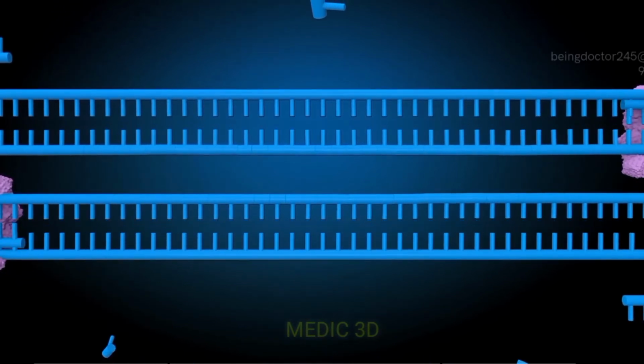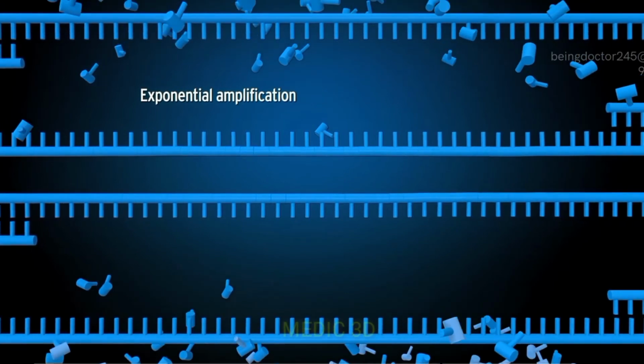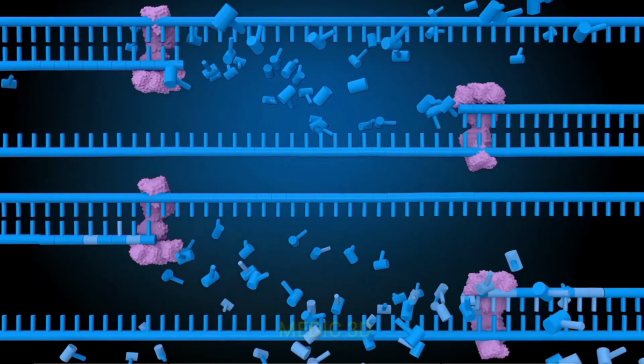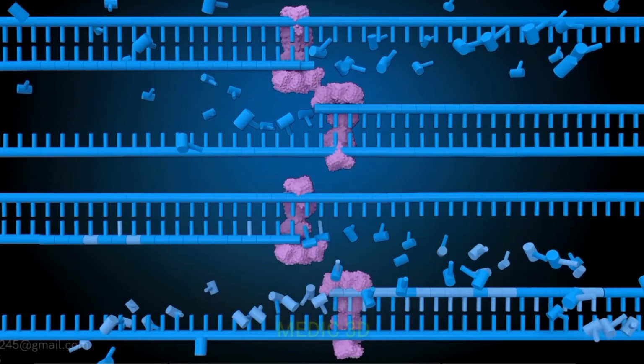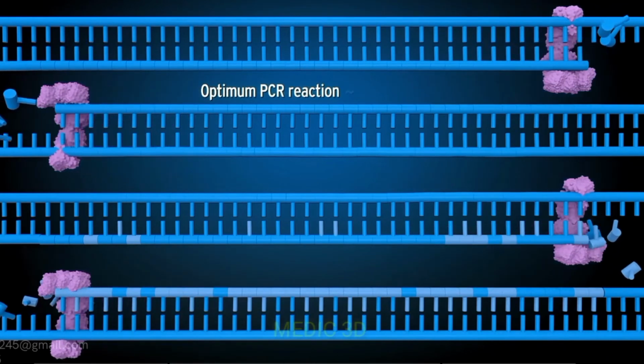This way, an exponential amplification of the DNA is observed with each cycle. An optimum PCR reaction is around 30 cycles.